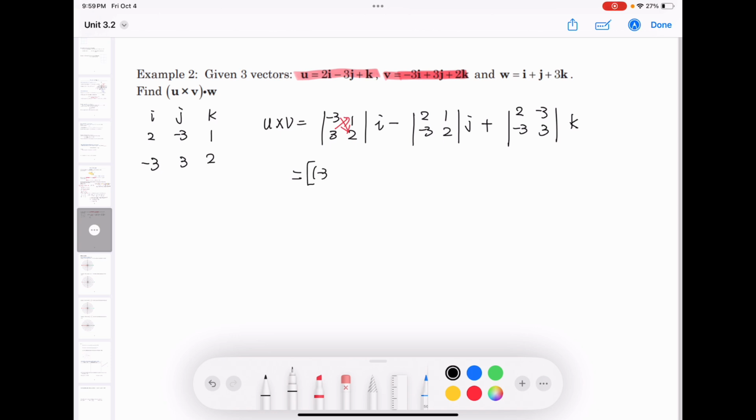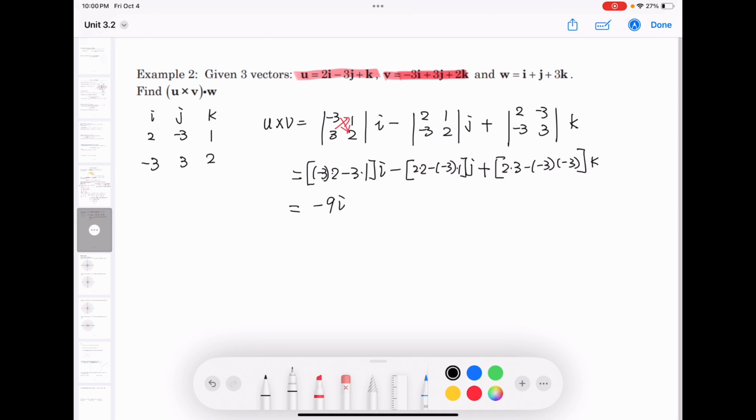-3 times 2 minus 3 times 1, brackets I, minus down, up, 2 times 2 minus -3 times 1, brackets J, plus down, up. We have 2 times 3 minus -3 times -3. Okay, let's see, what are these? So in the bracket, we have -6 minus 3 is -9i.